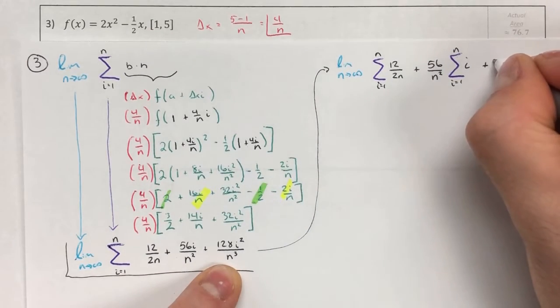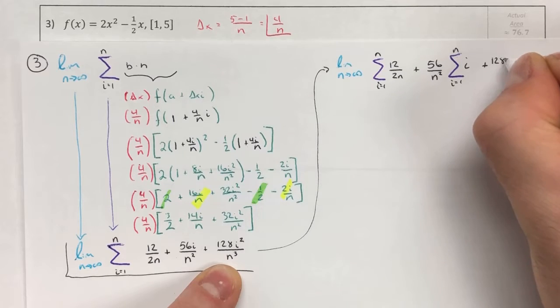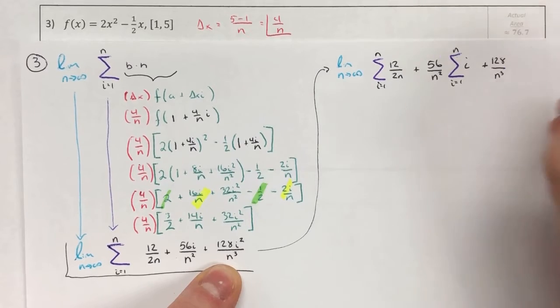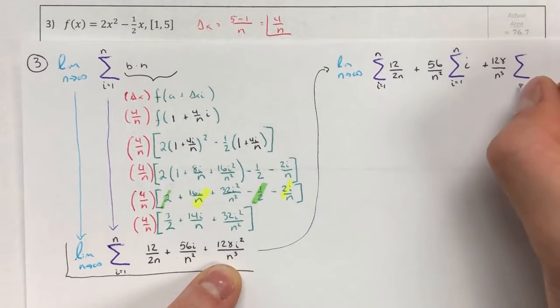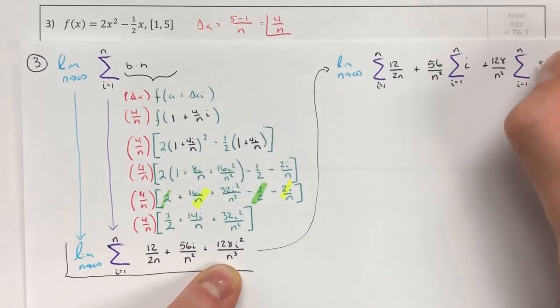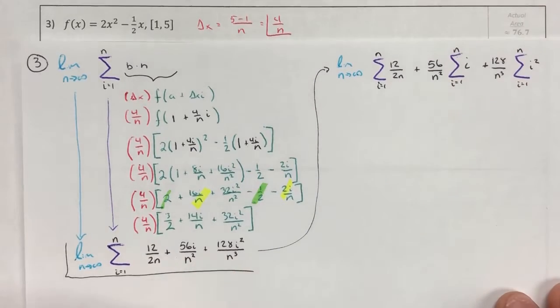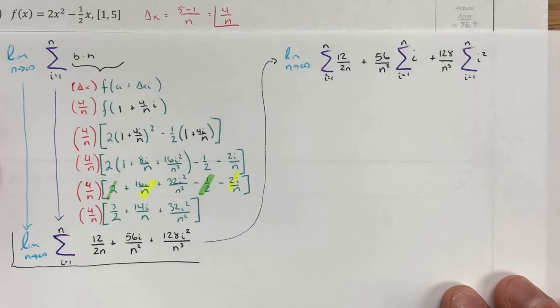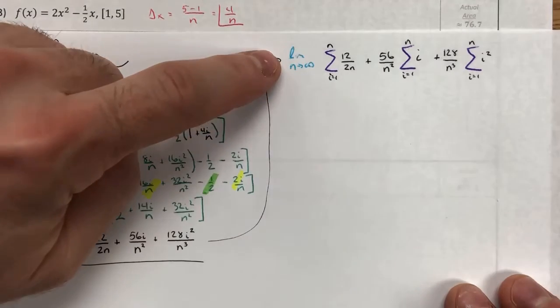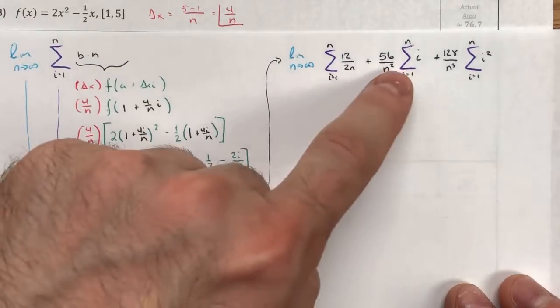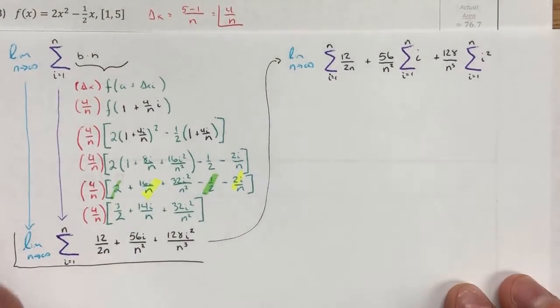So plus 128 over n cubed of the first rectangle to the last rectangle of i squared. Okay. Now we're going to simplify this. So I'm going to leave the limit because I haven't evaluated that, but I'm quickly going to drop the summation notation because I'm plugging those values in.